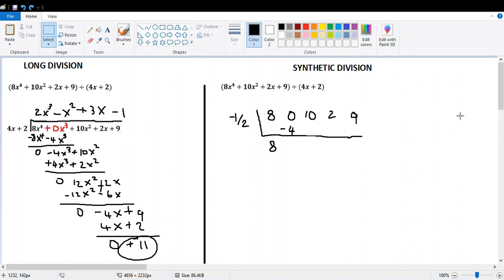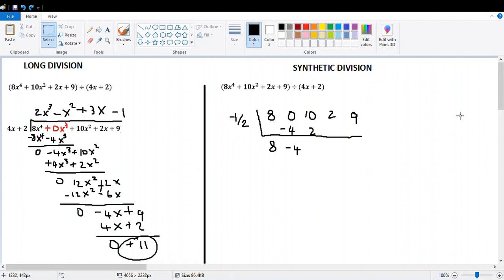Then let's do the subtraction. In this case, 0 minus 4, of course negative 4. Now start again. Negative 4 times negative 1/2. Negative times negative is positive, and negative 4 times negative 1/2 is half of 4, then it's 2 in this case.